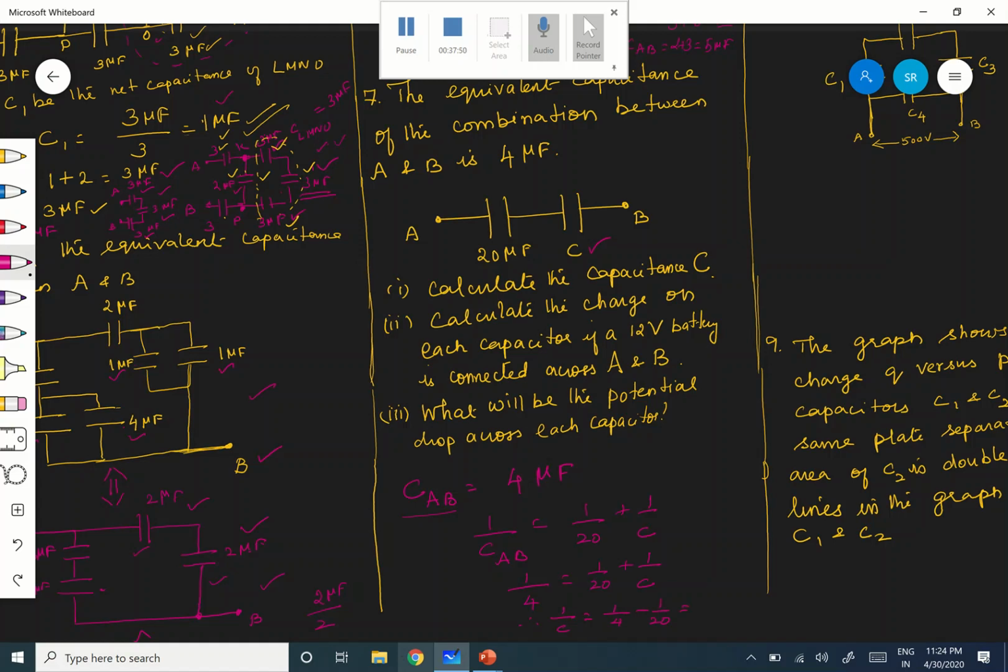If you calculate, you can get C is equal to 5 microfarad.